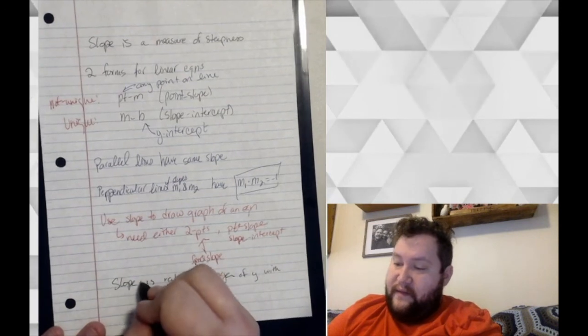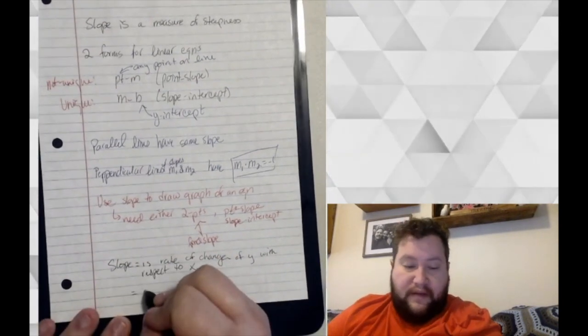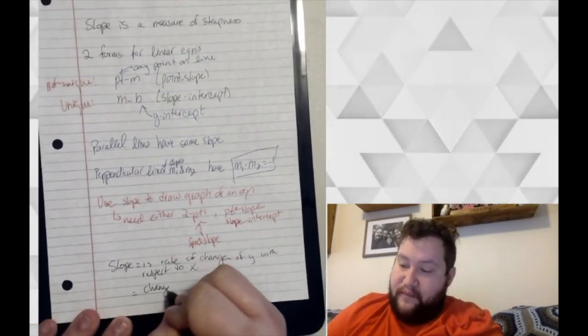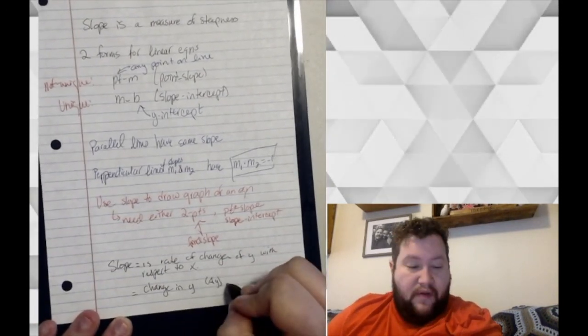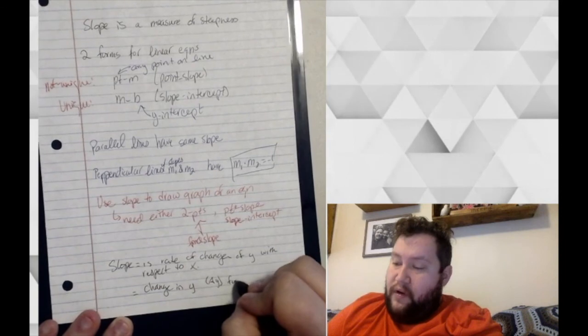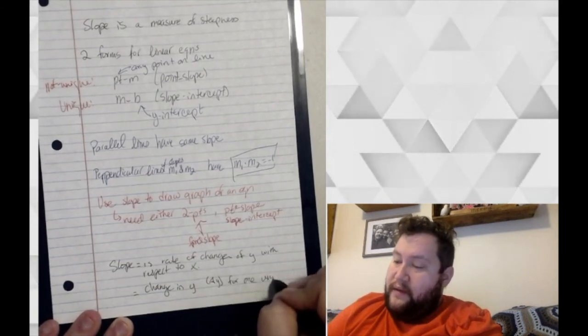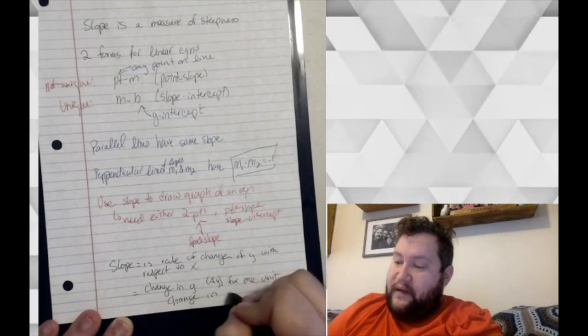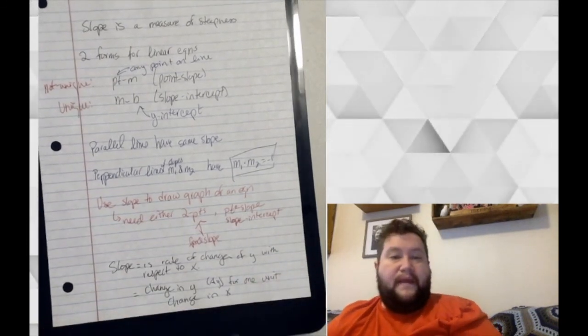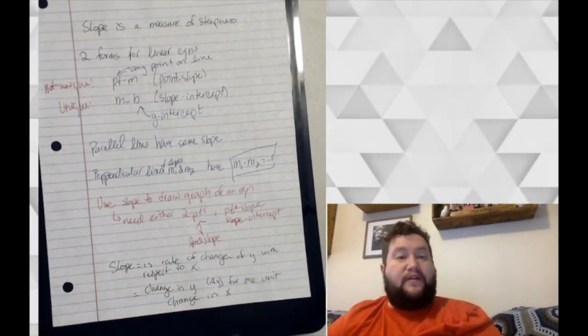That is the change in y, remember we wrote that delta y, for 1 unit change in x. And so that's just another way we can interpret slope.